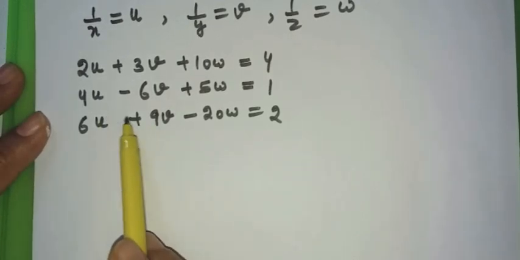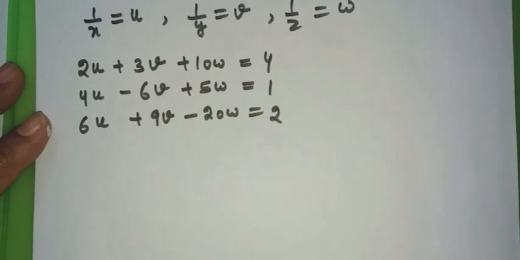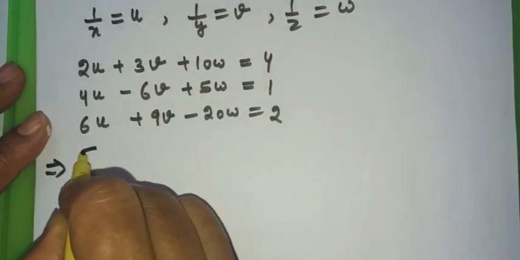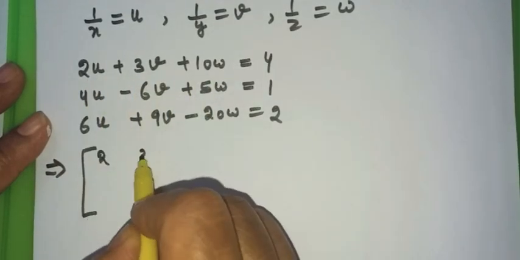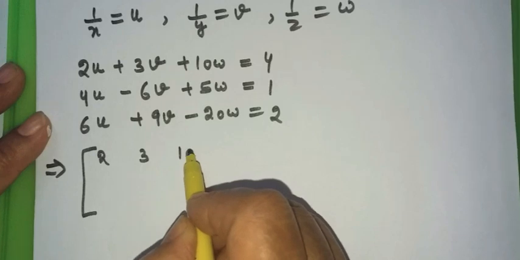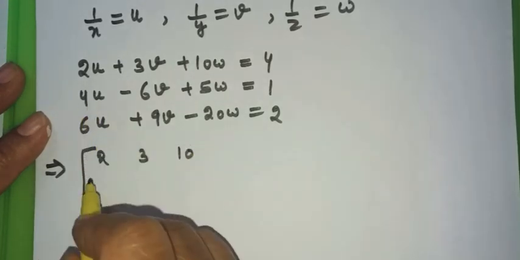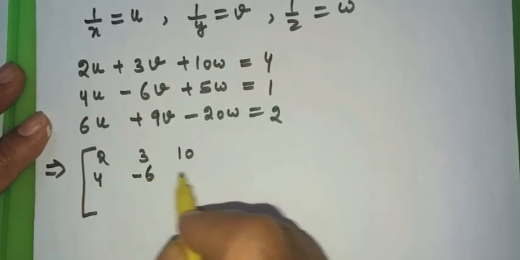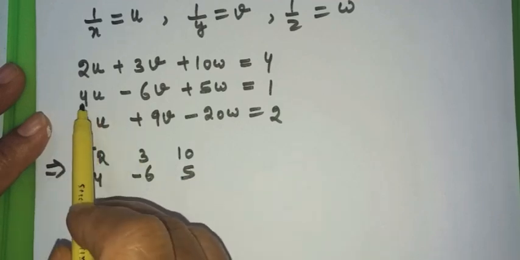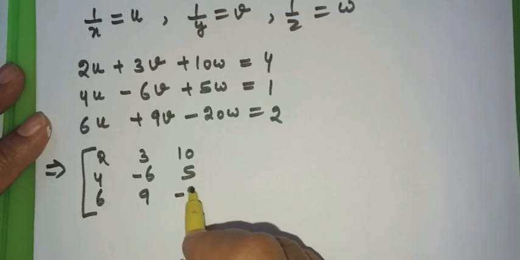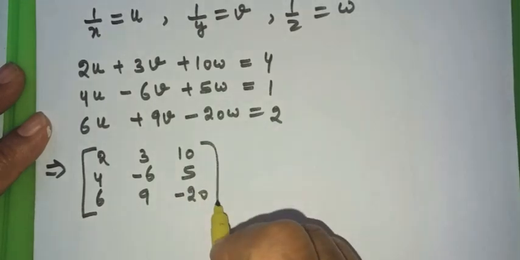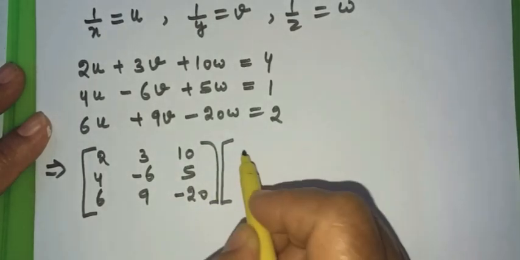So writing this system of equations in matrix form, we get one coefficient matrix: 2, 3, 10, coefficients of u, v, w in the first equation; 4, minus 6, 5, coefficients of u, v, w in the second equation; and 6, 9, minus 20, coefficients of u, v, w in the third equation.